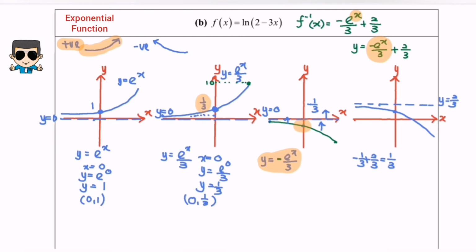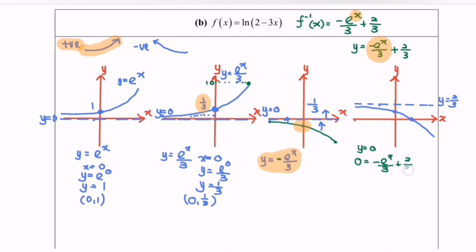If you are interested to find this value, this is the x-intercept. If y equals 0, we substitute, so 0 equals negative e to the power of x over 3 plus 2 over 3. I'm going to rearrange, where we have e to the power of x over 3 equals 2 over 3. Now I'm going to find the value of x, so I multiply both sides with 3, and we have e to the power of x equals 2.